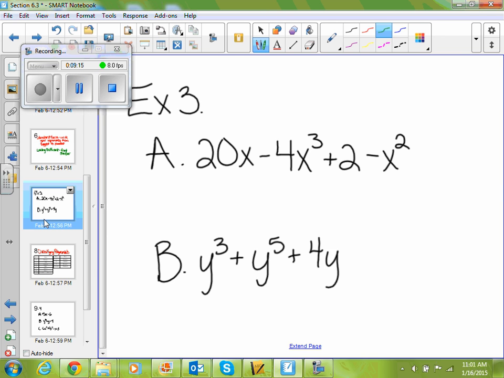Standard form tells me I take my exponents and I number them from biggest to smallest. So 20x has an exponent of 1. Okay, then 4x cubed has an exponent of 3. 2 has an exponent of 0. And x squared has an exponent of 2.